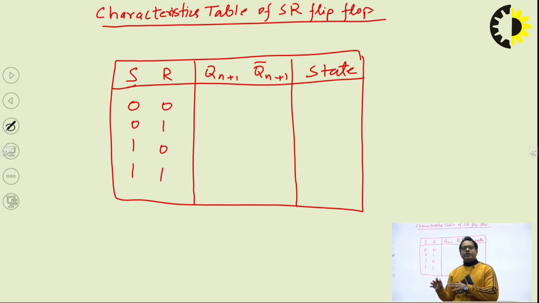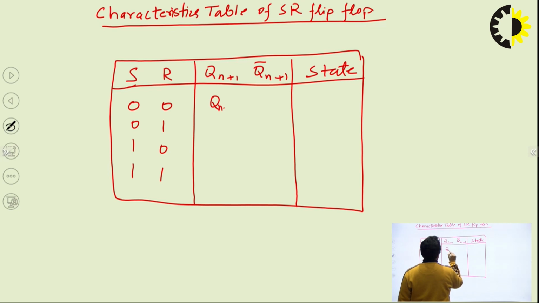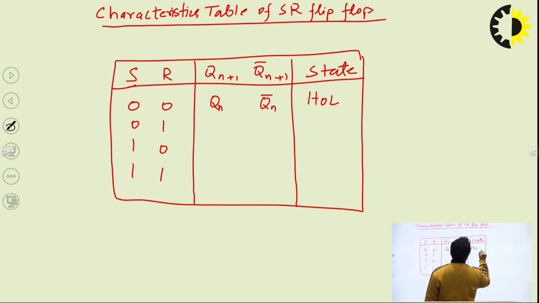This state is called the hold state, and in some books you can see it called the memory state, because it is holding its previous state. When it is holding something, definitely there is memory; without memory you cannot hold something for some instant of time. For 00, the present output is Qn, the complemented output is Qn complement, and the final state is hold.